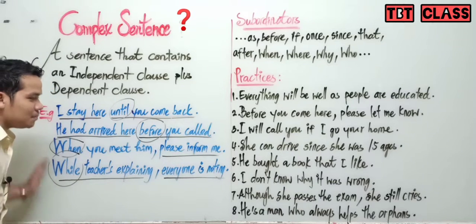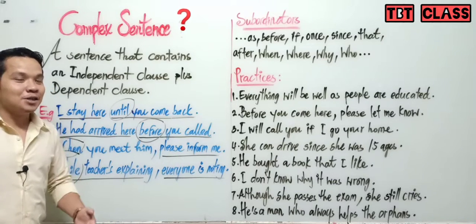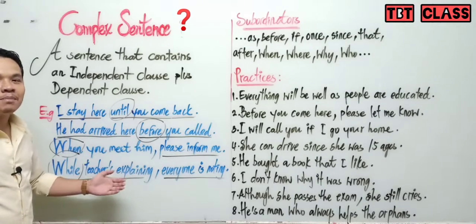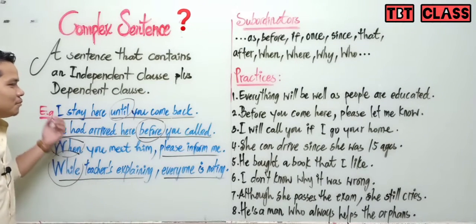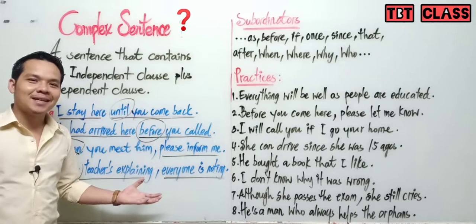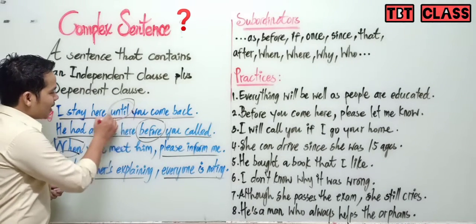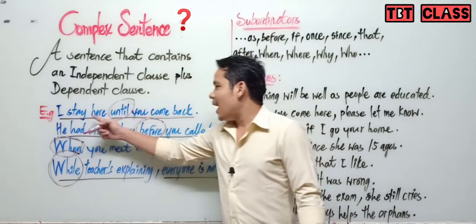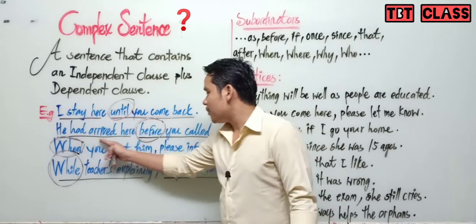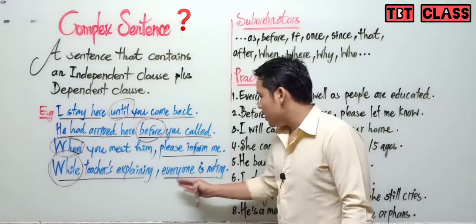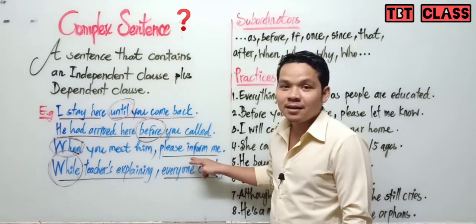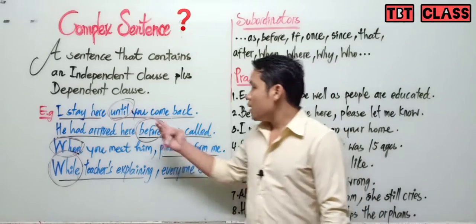All of these are just simple examples to let you know they are complex sentences. Why do we call this a complex sentence? Because we see a subordinating conjunction. You can say: I stay here, I have arrived here, please inform me, everyone is noting. All of these are independent clauses.